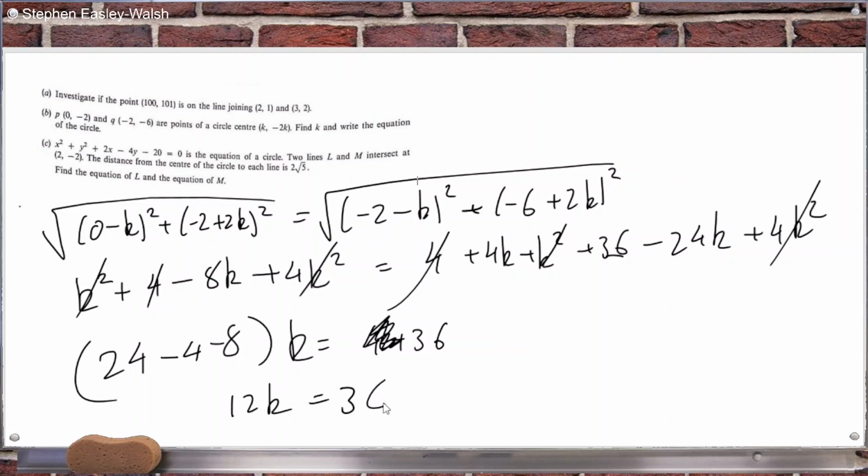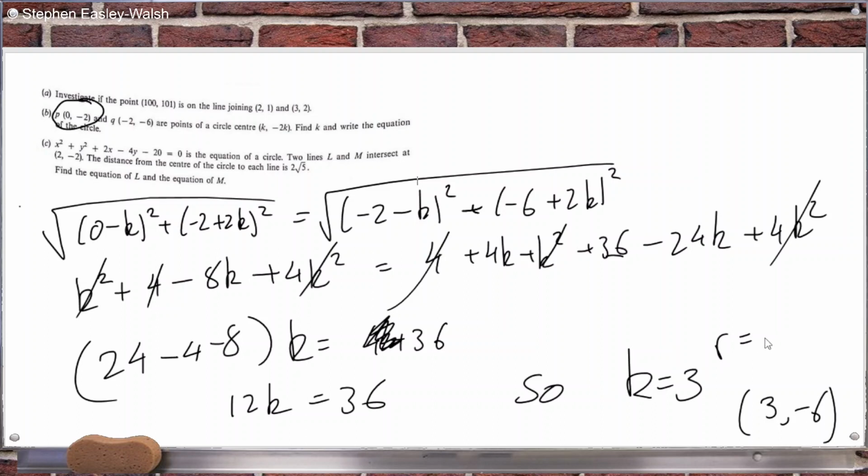12K equals 36. And so K is 3, which means the center is (3, -6). And so the radius then would be the distance between (0, -2) and (3, -6).